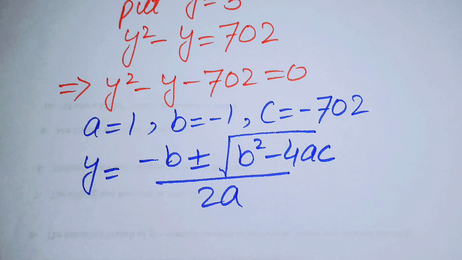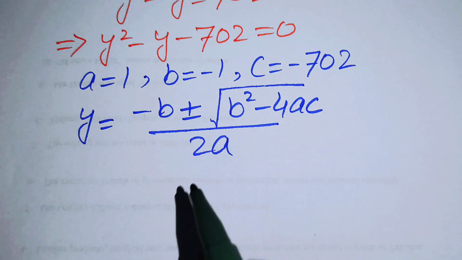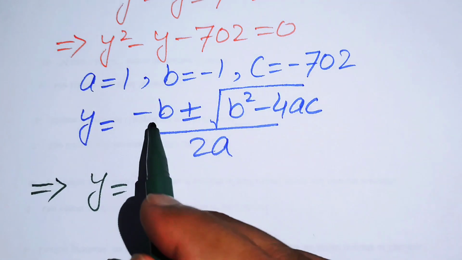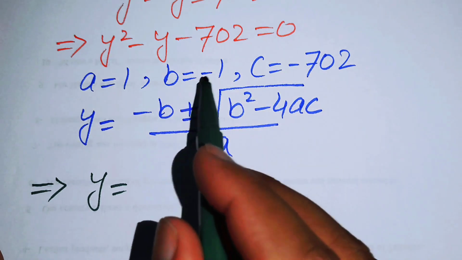Now I can put the values of a, b and c in this quadratic formula, and you get y is equal to minus b, and the value of b is minus 1.